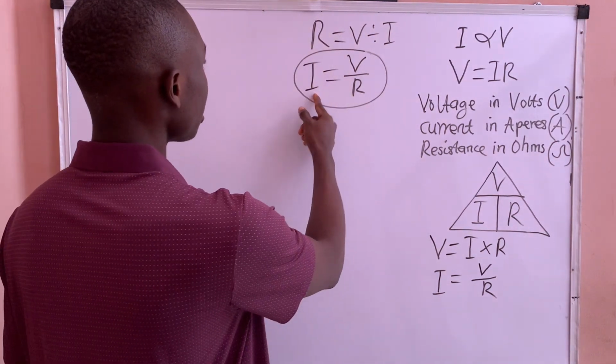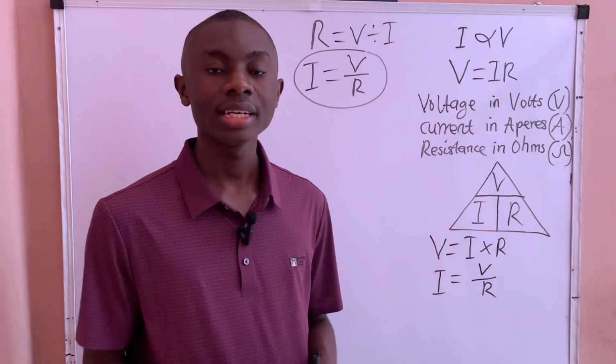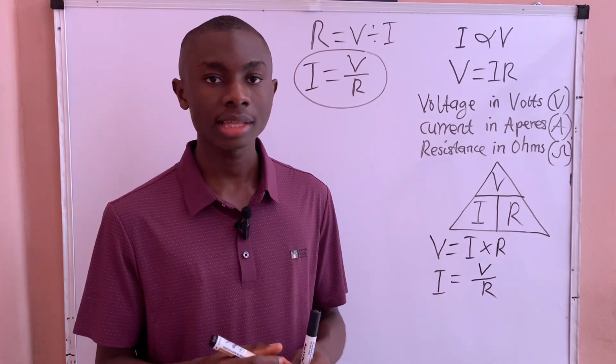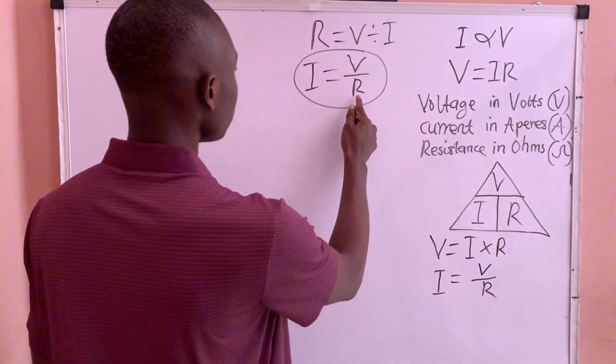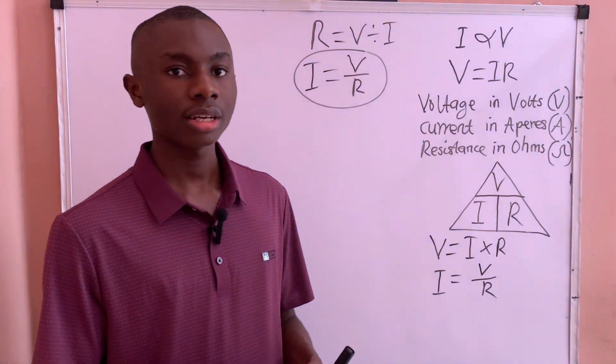Remember, I and V, which is current and voltage, are linearly related, I mean directly related, while resistance and current are inversely related.